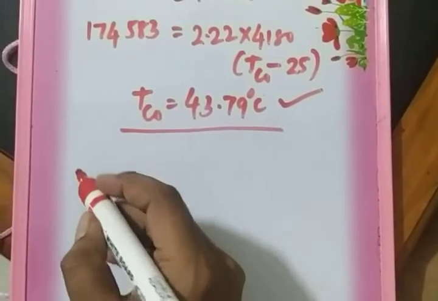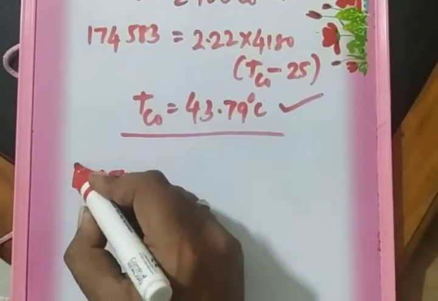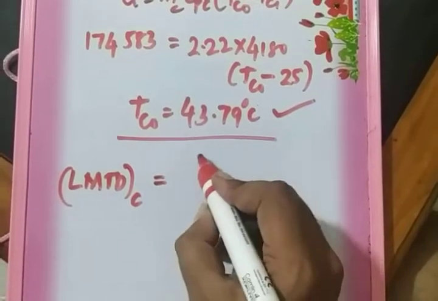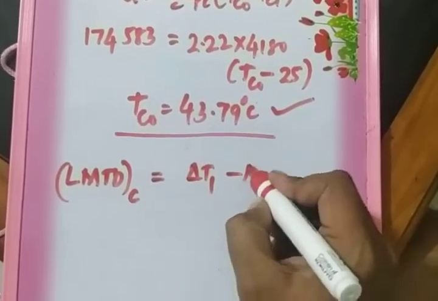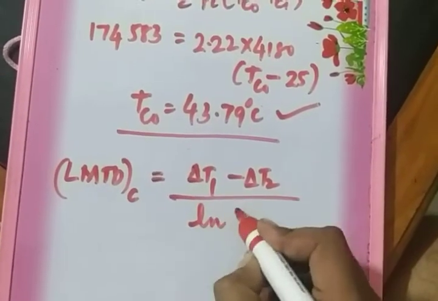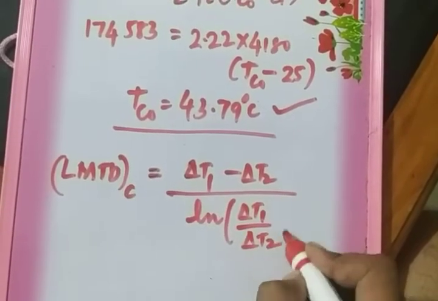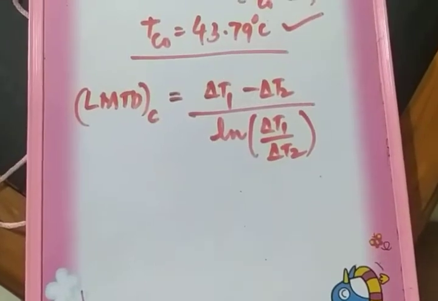Therefore, we shall next calculate the LMTD of a given counterflow heat exchanger, which is given by the standard formula: delta T1 minus delta T2 divided by ln of delta T1 divided by delta T2. This is a standard relation we have derived.